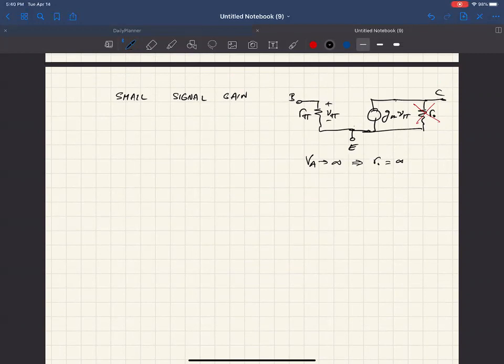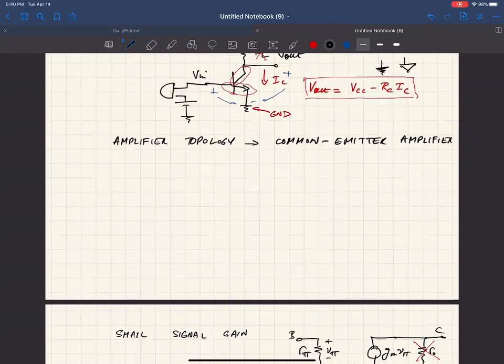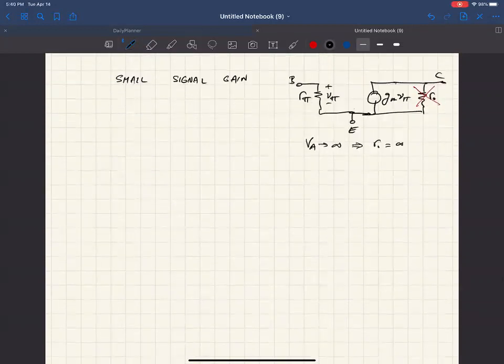Okay, so if we draw the common emitter amp, the input goes to the base of the bipolar.